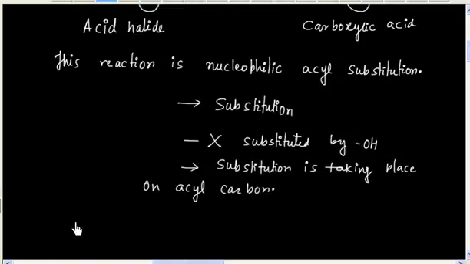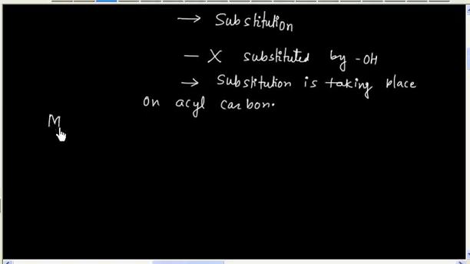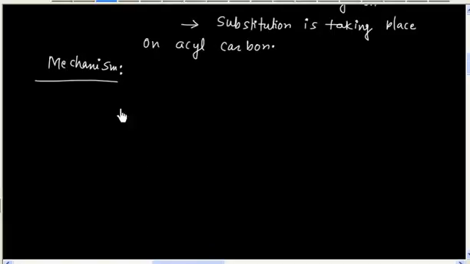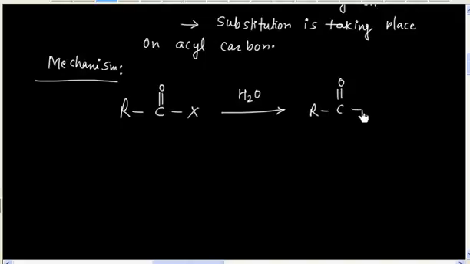Let us discuss the mechanism of this reaction. So we have acid halide. This reacts with water and this gives acid.